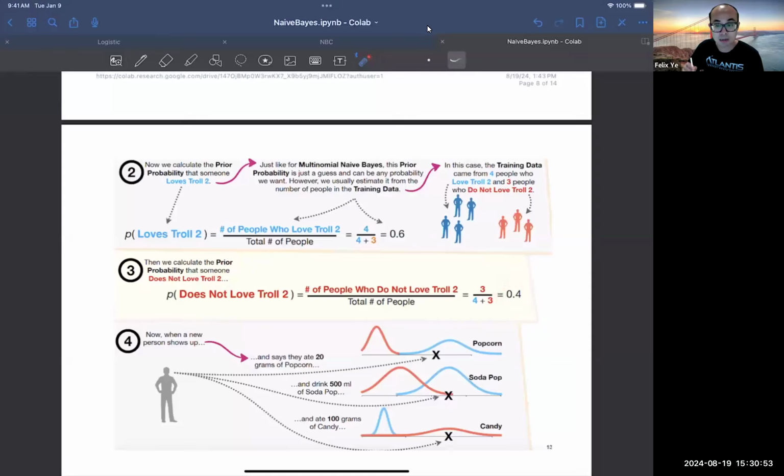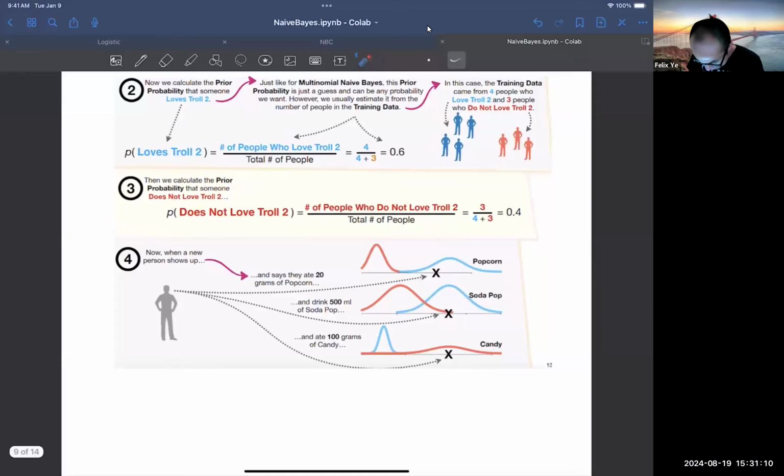So this just gives you some idea. We have 4 people who like it and 3 people who don't like it, and we can use purely this information to calculate the prior distributions.